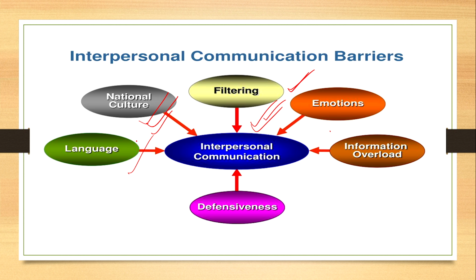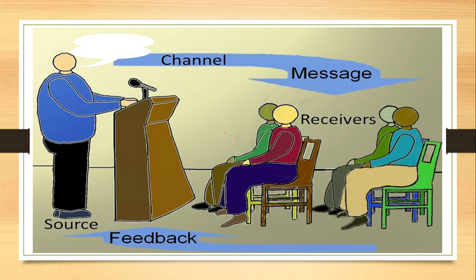So these are the examples of interpersonal communication barriers. They may ask a question in a different way, so I am explaining you all the topics. Okay. If you have any doubt in any topic, any option, then you can comment here, or you can WhatsApp me personally.